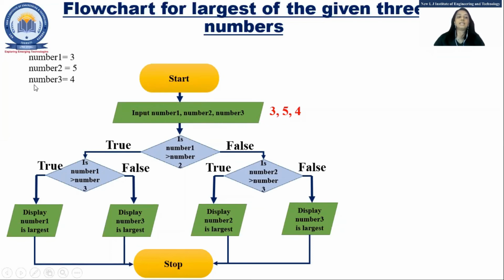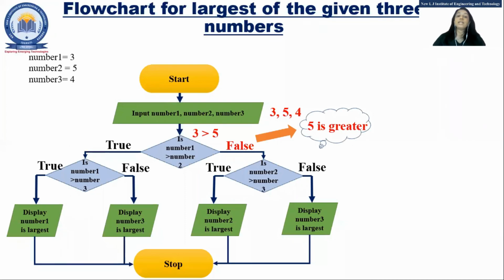So number 1, number 2, number 3 are 3, 4, 5. First it will check: is number 1 greater than number 2? That means, is 3 greater than 4? Yes or no? This is no. That means false. So it will execute this false path.